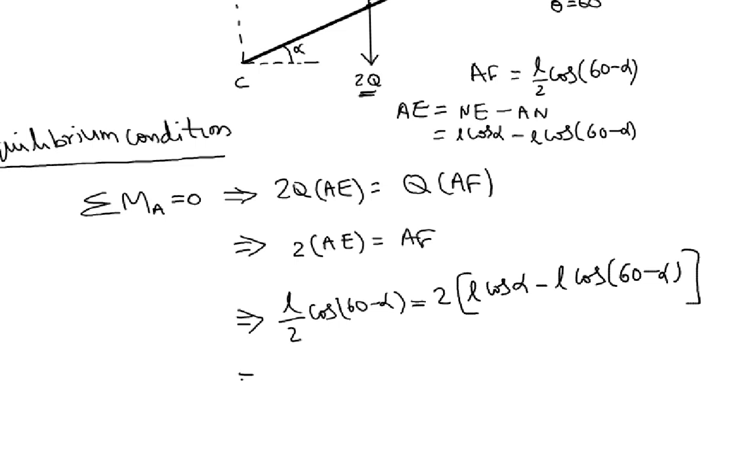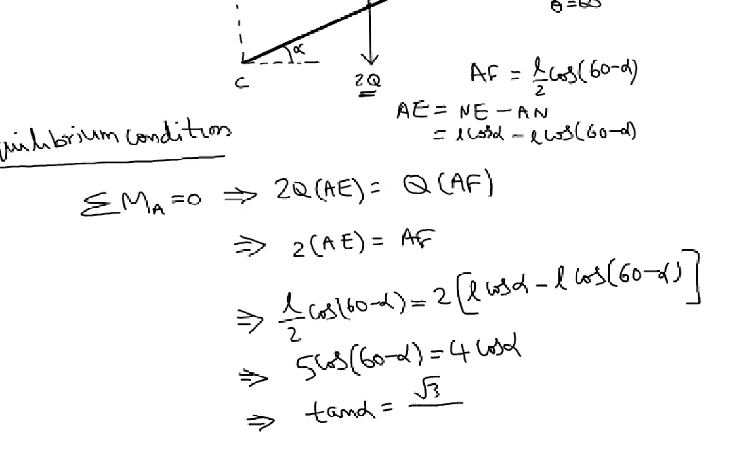If you simplify it, you will get 5 times cos (60 minus alpha) is 4 times cos alpha. If you further simplify that, you will get your condition for equilibrium: tan alpha is square root of 3 by 5.